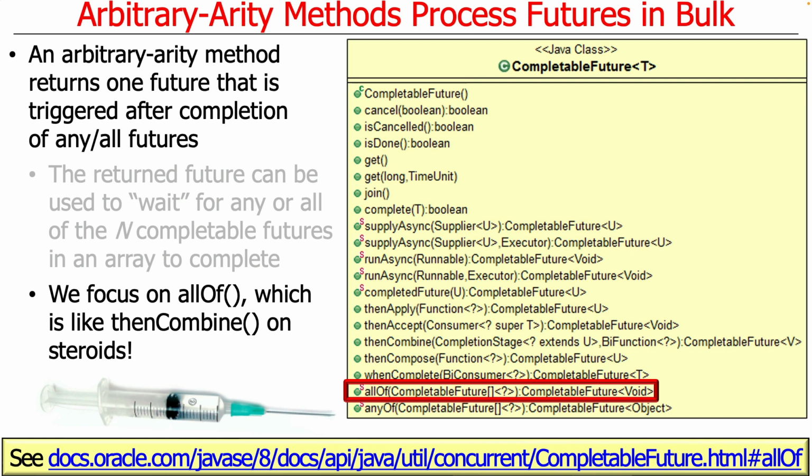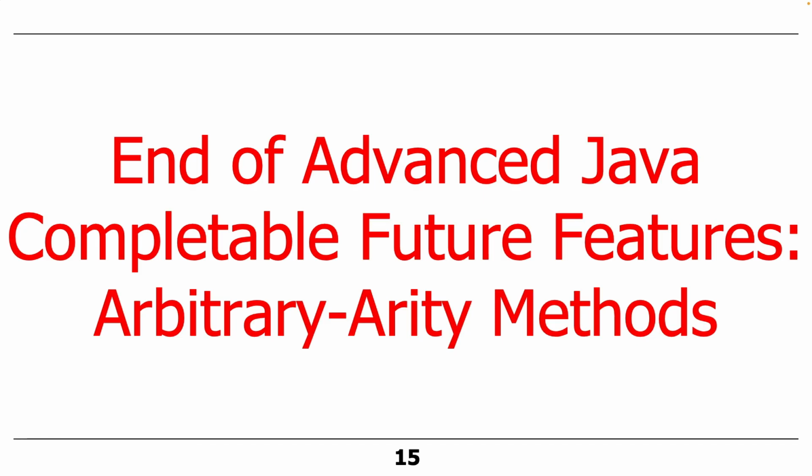If you recall, thenCombine worked for two completable futures: the one that the method is invoked on and the first parameter called other, whereas this takes essentially a varargs amount of them. So it could be many, more than 2. So that was the quick overview of what arbitrary-arity methods are in the Completable Futures framework. And next, we're going to look at how they get used.